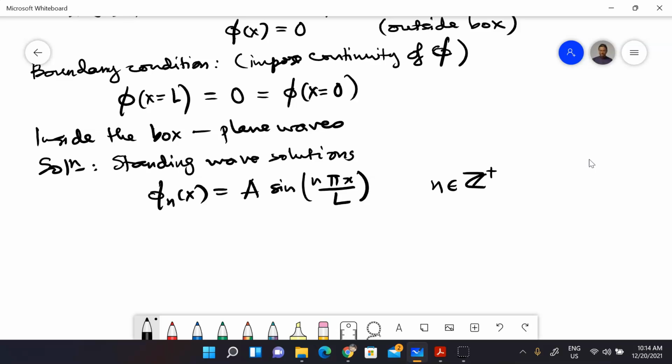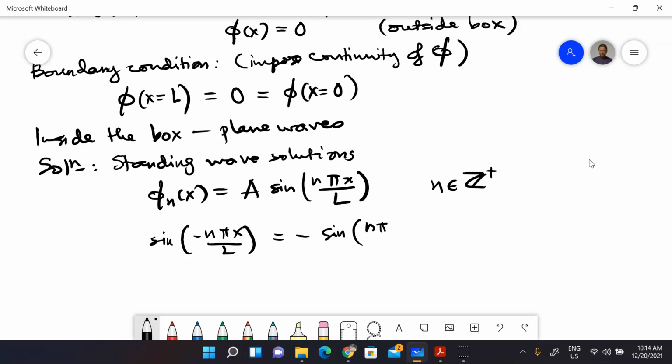If you have n equals 0, then the wave function is just simply 0. That means there is no particle inside. If n is negative, then you remember that the sine function will be just the negative of the original function.